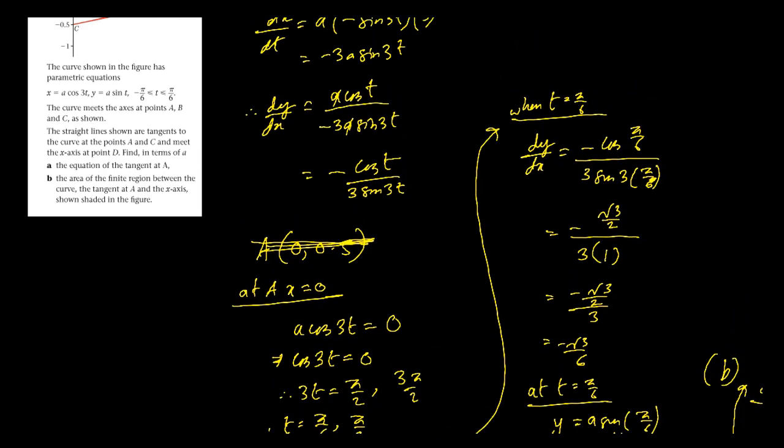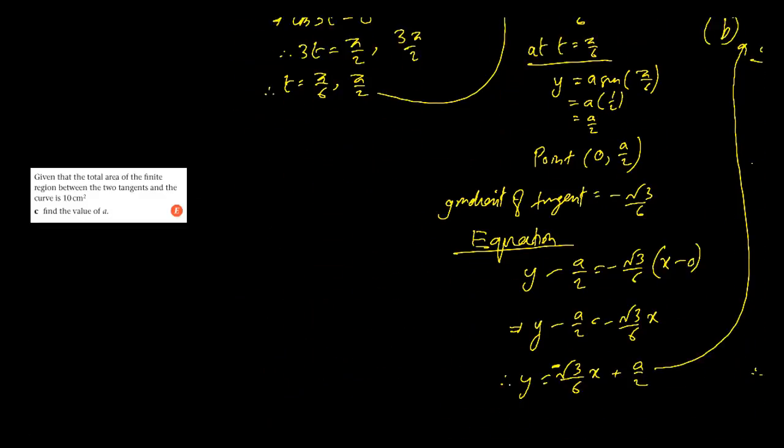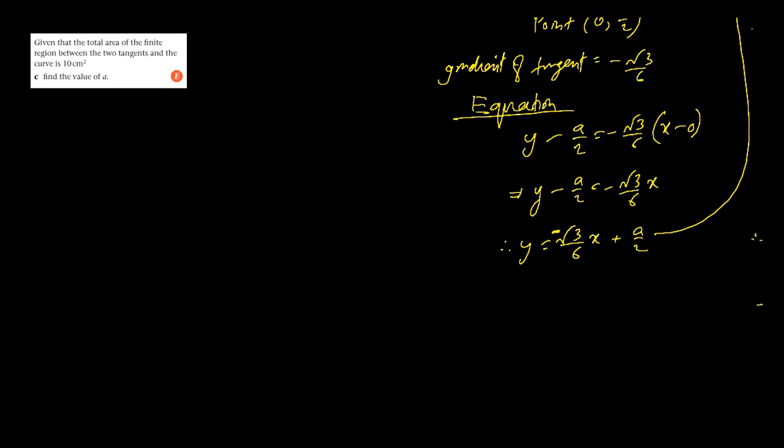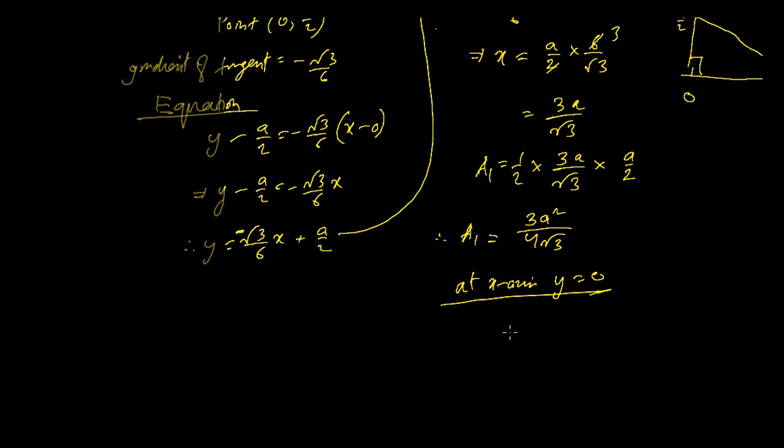So y equals a sine t. Therefore a sine t equals 0. Therefore sine t equals 0. That makes t equal to 0 degrees, 180 degrees and 360 degrees. So we need only 2, so 0 to pi. The limit of this integration is going to be 0 to pi.